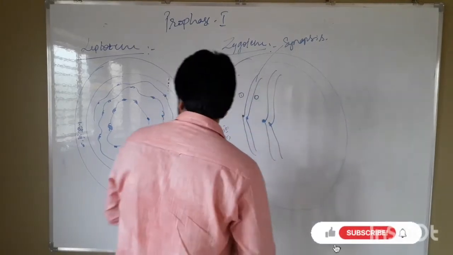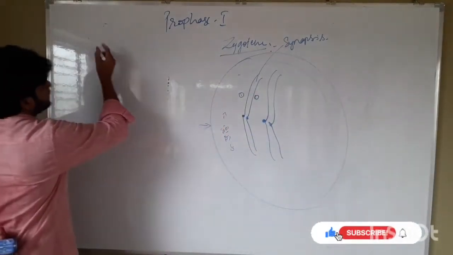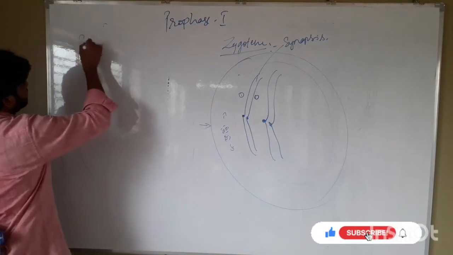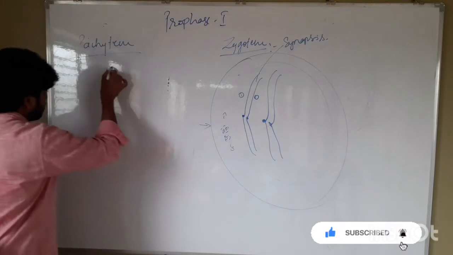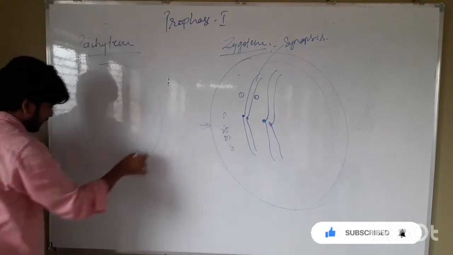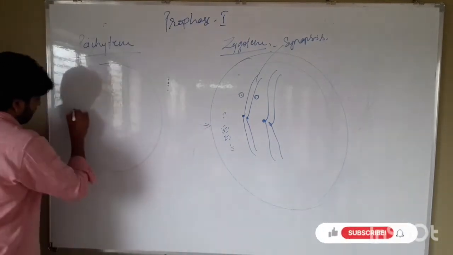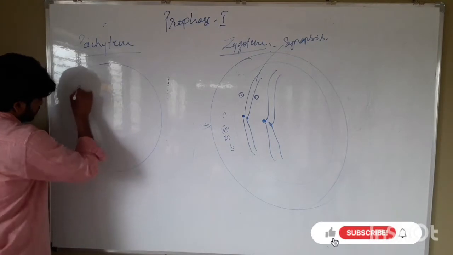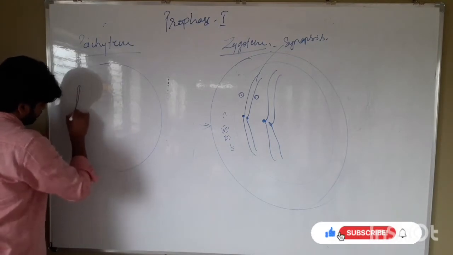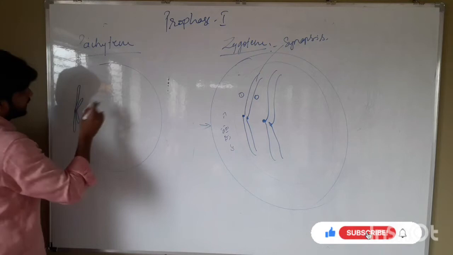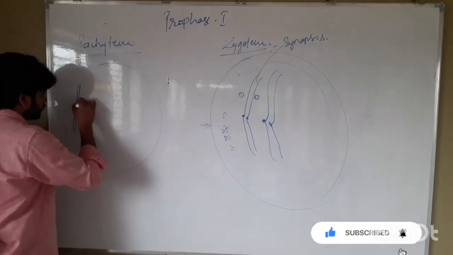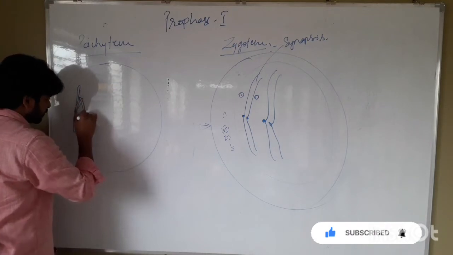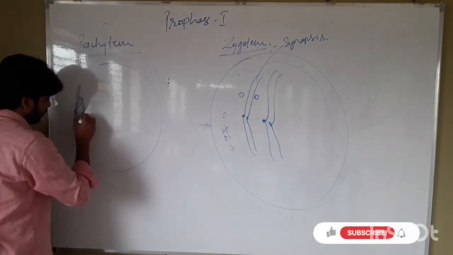Then the next stage is pachytene. Still condensation is not complete, it is still taking place, and the paired homologous chromosomes which got paired during zygotene undergo genetic crossing over and recombination.